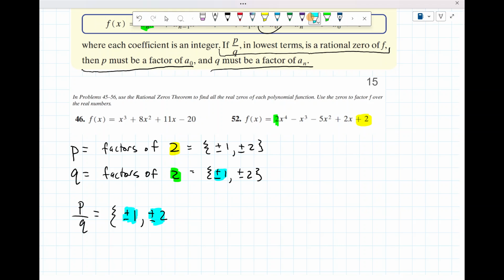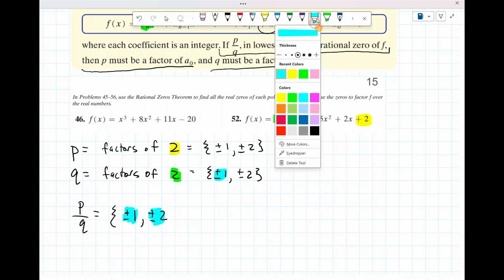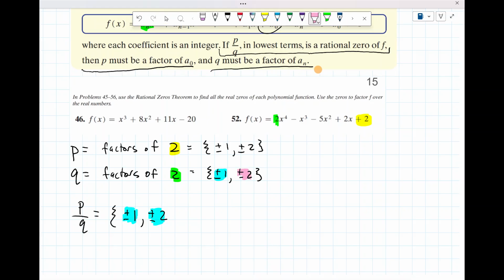And we're going to do something similar, except now we will divide every possible value of p by plus or minus 2. So that would be plus or minus 1 divided by 2, right? Plus or minus 1 divided by plus or minus 2, that will give you plus or minus 1/2.